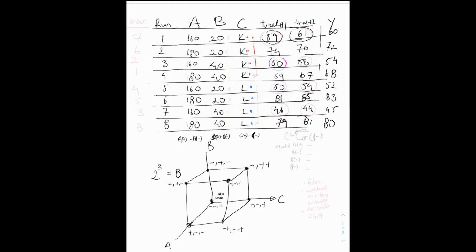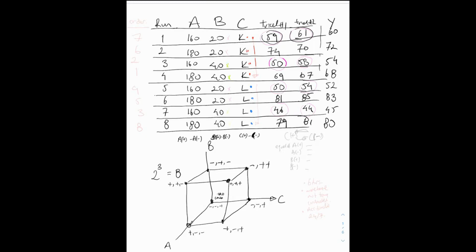For example, let's count the number of positive B's, which I will show in green here. Positive B is going to be 40, so that will be 1, and that will be 2 here. That corresponds to when C was plus.